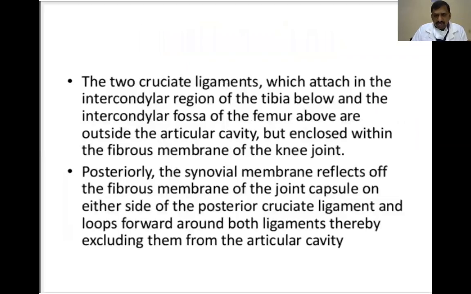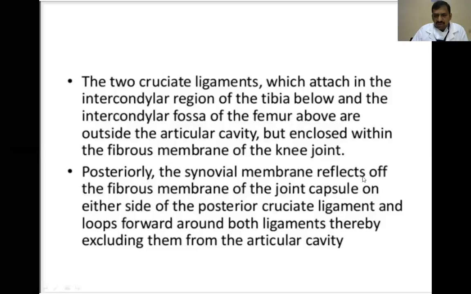The two cruciate ligaments attach in the intercondylar region of the tibia below and the intercondylar fossa of the femur above. They are outside the articular cavity but enclosed within the fibrous membrane of the knee joint.